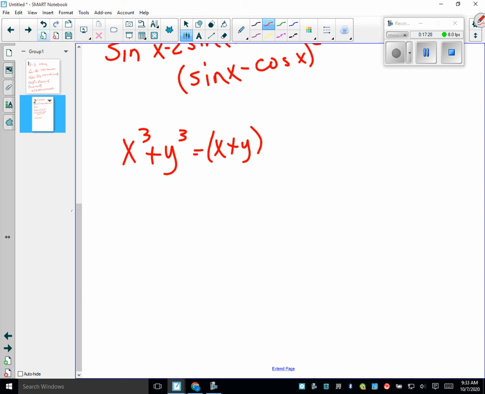Then you square the first. What does that give me? x squared. Okay, I do remember this. Opposite sign. What's opposite plus? Minus. Multiply the two together.